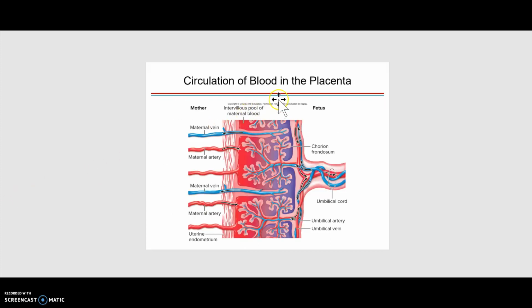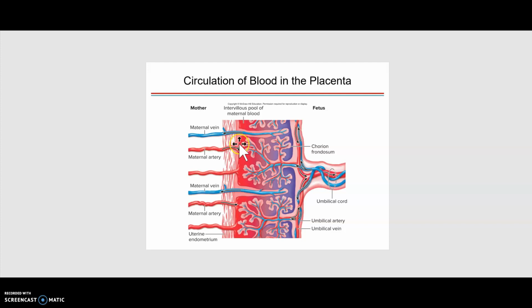So here's the circulation in the placenta. Here are the maternal veins. We're going to start here from the mother's side. There's a barrier, so everything should be by diffusion. The maternal artery would be coming from the mother, from the uterine artery aspect, and it would be bringing nutrients and oxygen.